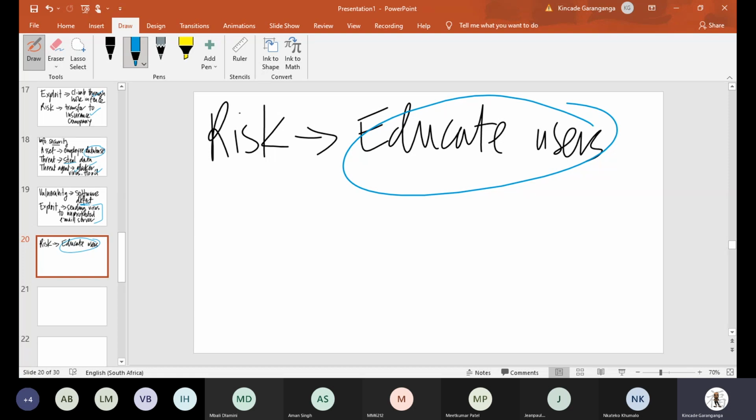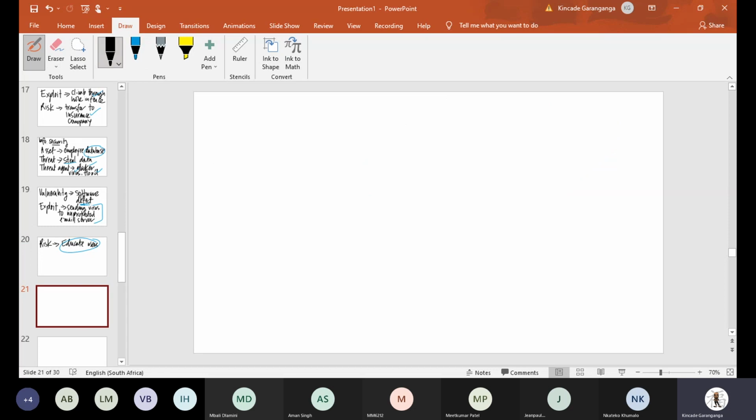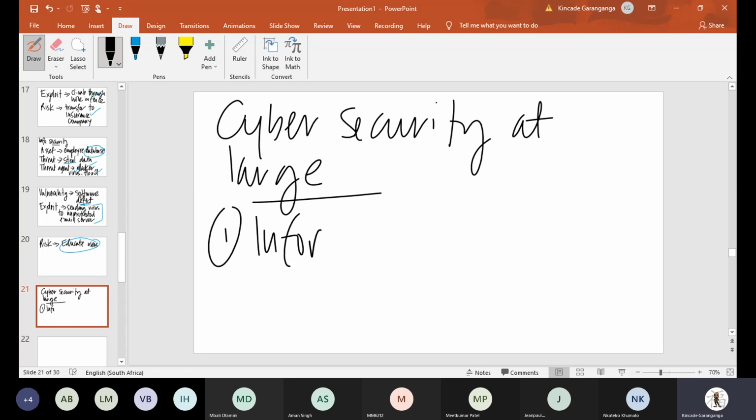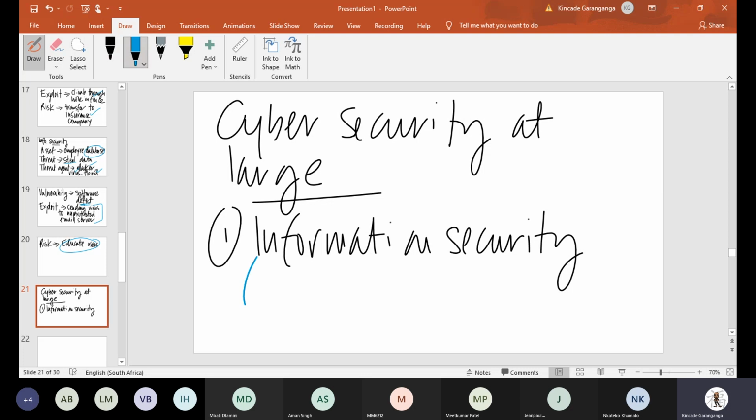And then you've got application security. So let's put it this way: here we can say cyber security at large. What you've got there is information security, which, like we mentioned before, is normally associated with confidentiality, integrity, and availability that we mentioned a couple of moments ago.